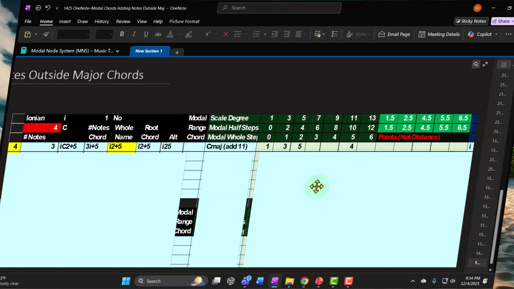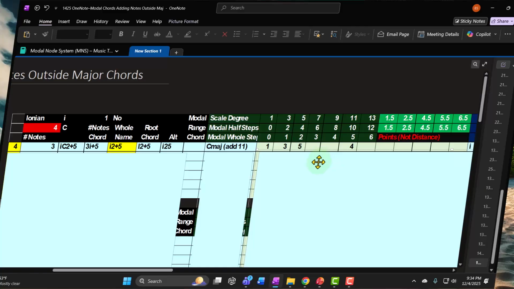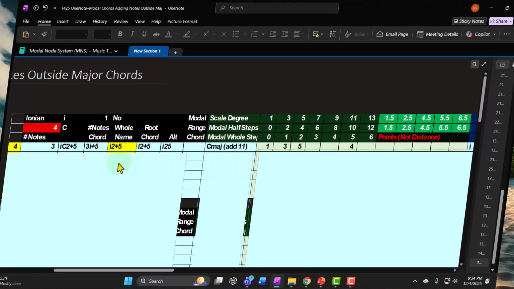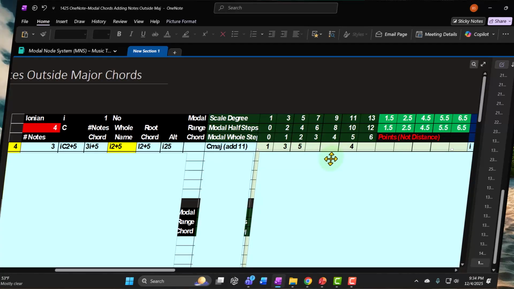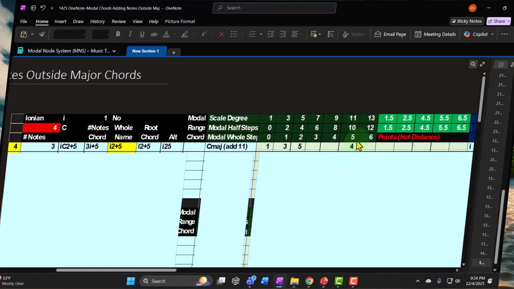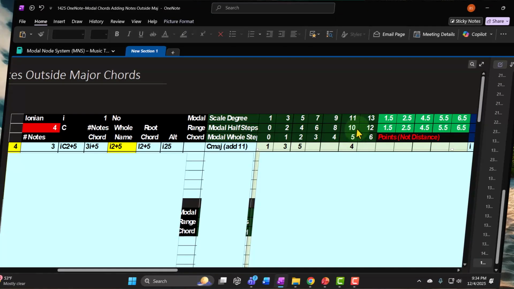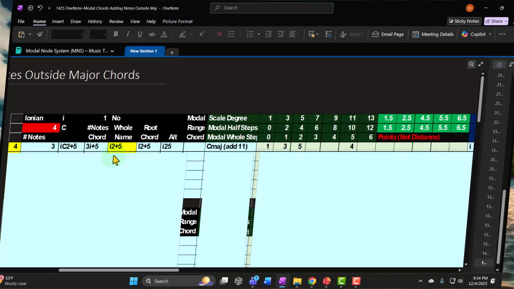However, if I'm dropping 2 notes in the middle, our standard convention could be, it would be shorter naming wise to just name the triad, I2, and then add the one distance naming convention that we're going to have that's more than 2 steps out, in this case, meaning +5, the one that's 5 modal whole steps, times 2 would be 10 modal half steps, 11th scale degree. So I end up with an I2 +5.